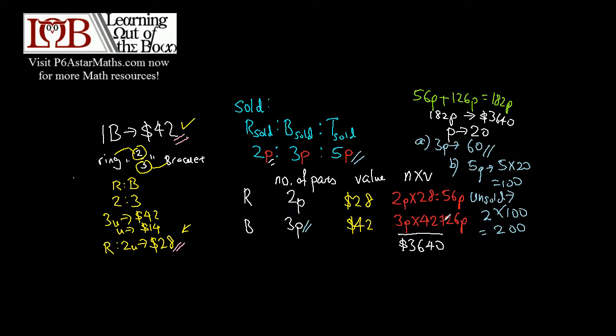The reason why we can take 2 times 100 is because this is actually 1/3 of the items sold. So what is left unsold is 2/3. So if 1/3 is 100, we just take 2 times the value of 1/3, which is 100, is 200.